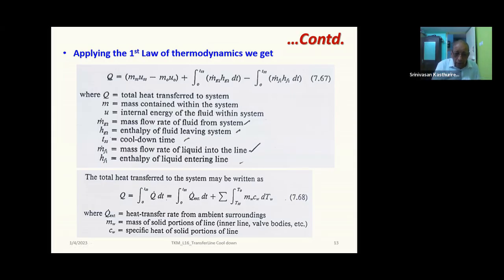So how do we calculate that? It is the mass times specific heat times the change in temperature. The change in temperature has to happen from an initial temperature, which is room temperature, to a final temperature, which is at steady state. So it is a sum of various components: the summation of the integral of m dot_w c_w dT_w, integrated from the initial temperature value to the final value.